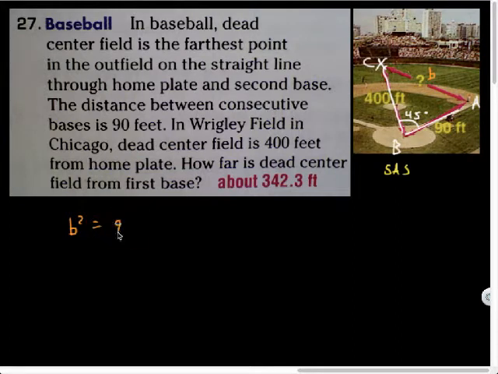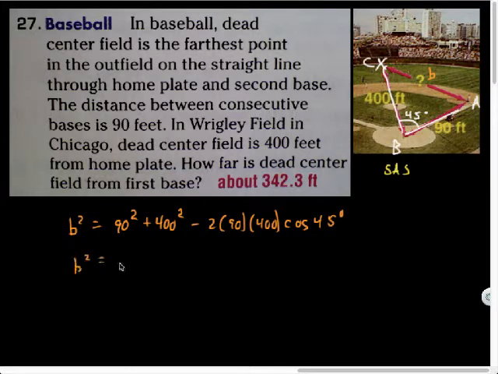So b squared is going to equal 90 squared plus 400 squared minus 2 times 90 times 400 times the cosine of 45. Actually, what's cosine of 45 real quick? Square root of 2 over 2 is right. And that's also related to the square root of 2 in this distance right here. Completely related to that.